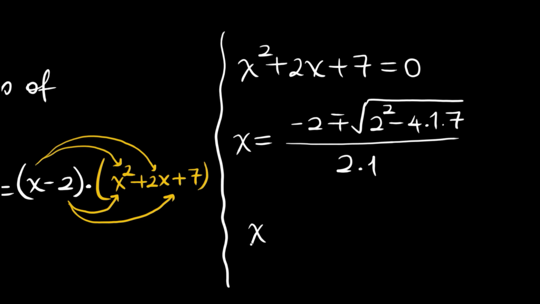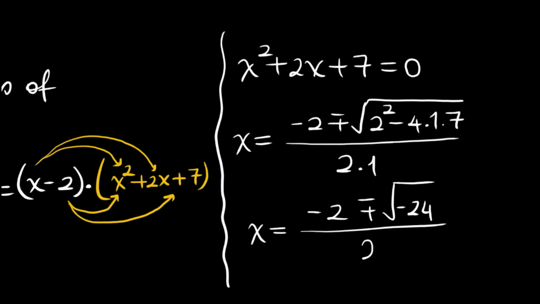And this is equal to negative 2 plus or minus the square root of 4 minus 28, which is negative 24, divided by 2.